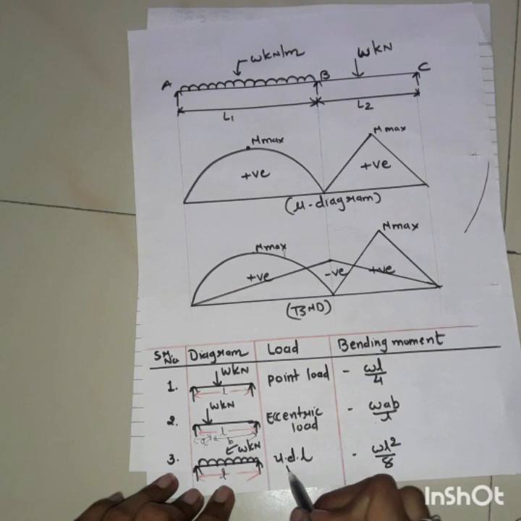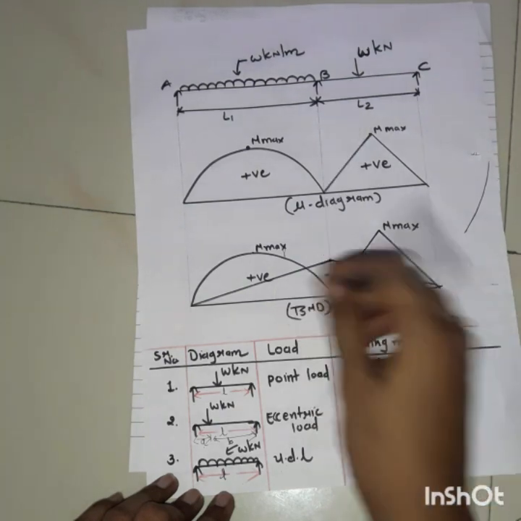For the UDL, the bending moment is calculated by WL square divided by 8.